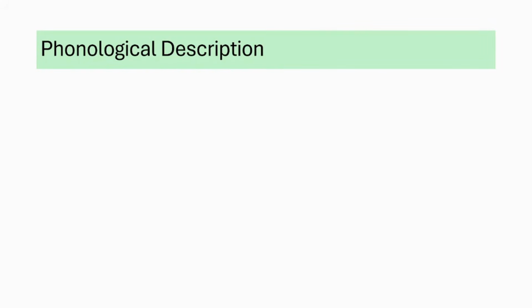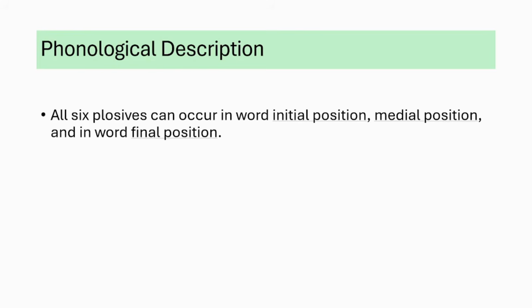So far we have described plosive sounds from the phonetic point of view, that is, from the articulatory point of view. But now we will describe them from the phonological point of view, that is, from the point of view of distribution. All 6 plosives can occur in word initial position, medial position, and in word final position. Let's check some examples. Pin, apple, cap. As you can see, these plosive sounds can occur in all 3 positions in the word.